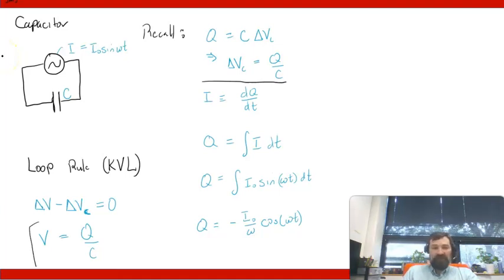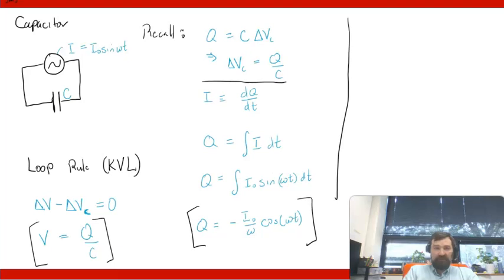Now if we combine these two equations, V is Q over C and Q is negative I0 over omega cosine omega t, what we end up getting is that the voltage drop across the capacitor is given by negative I0 over omega C times cosine of omega t.